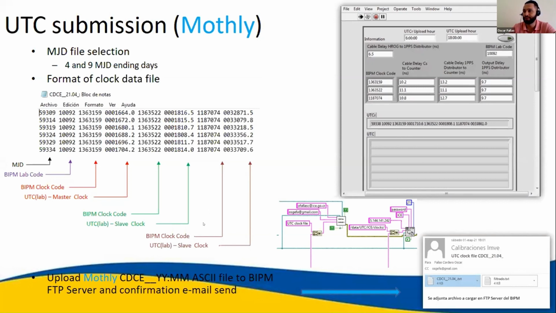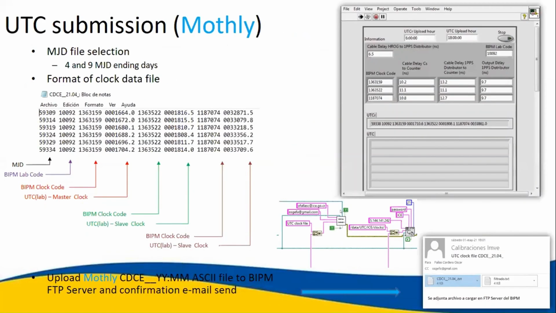The program after that, changing only the directory for the UTC, runs again and uploads the ASCII file monthly to the BIPM server and sends us a confirmation email to evaluate also the monthly file and the raw data.